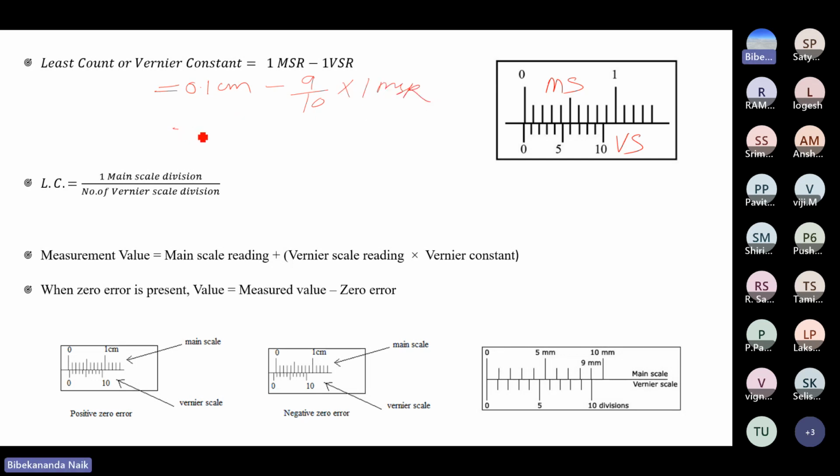So it will be 0.1 centimeter minus 0.09 centimeter, because this one main scale division is 0.1. So let me write it once again.